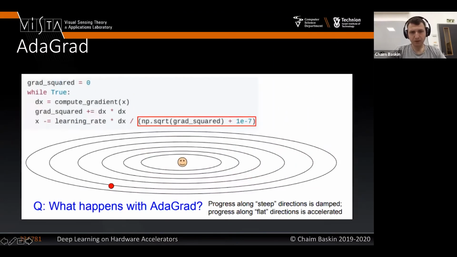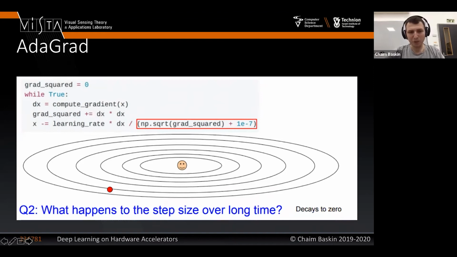So this is how it works. What happens with AdaGrad? Progress along steep directions is damped, and progress along flat directions is accelerated. This helps avoid the problems of saddle points or non-optimal local minima.